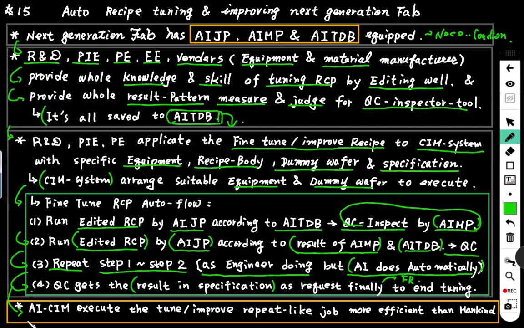And you can see the next generation fab does it by the AI CIN system. Execute the tool and improve, repeat-like jobs, more efficiently than mankind.